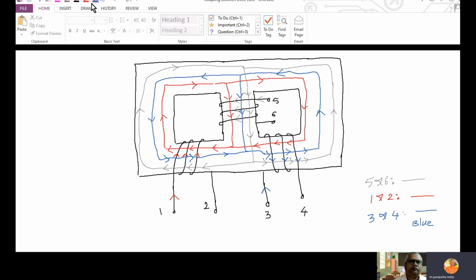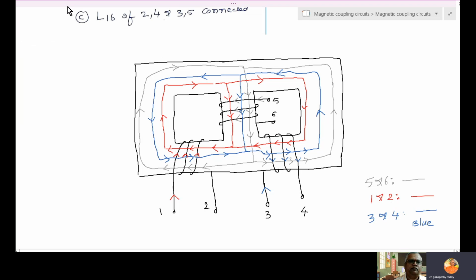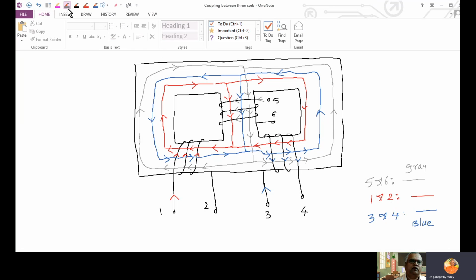Here gray. So 1, 2 indicated with red, 3, 4 with blue, 5, 6 with gray.